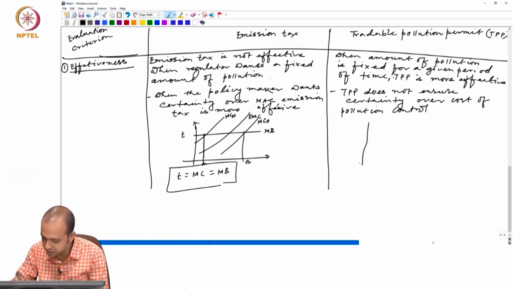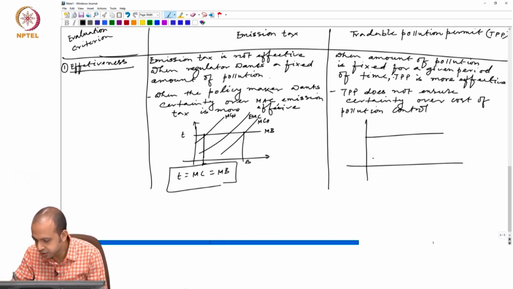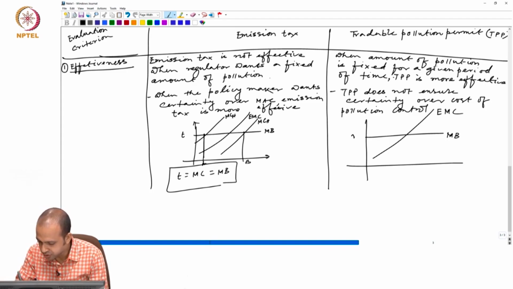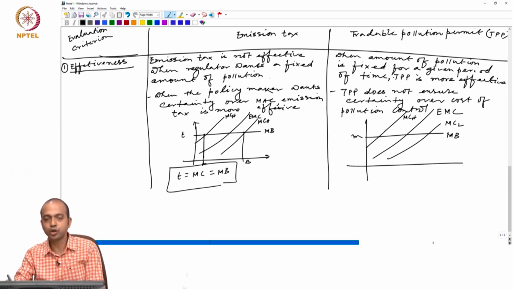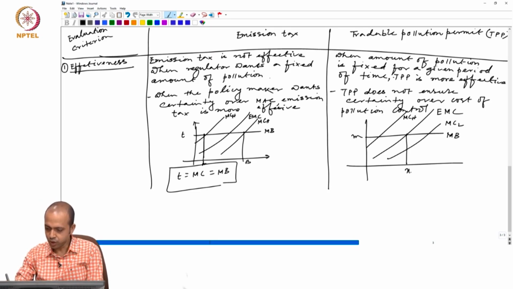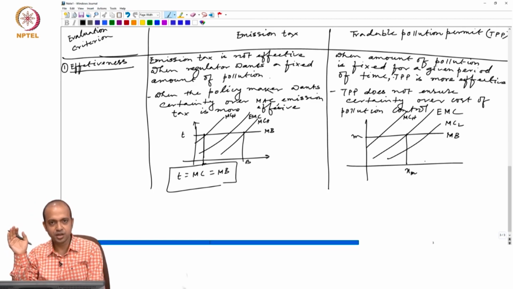However, in this case, this is M, depending on whether this is MC low and this is MC high, we say that none of these points is actually effective, because once you assign a certain number of permits, the permit system is not flexible enough.